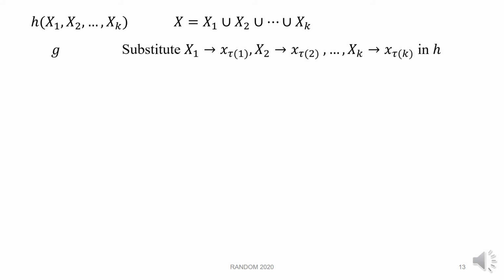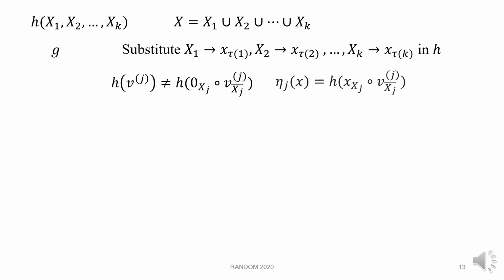We define G that is equal to H, where we project all the variables in xi to the relevant variables in this set. We also have for every relevant variable a witness Vj. Now the algorithm goes like this.